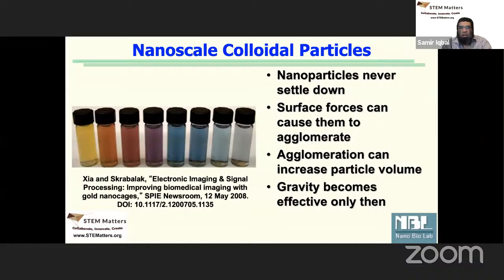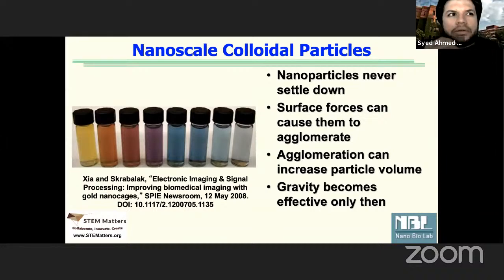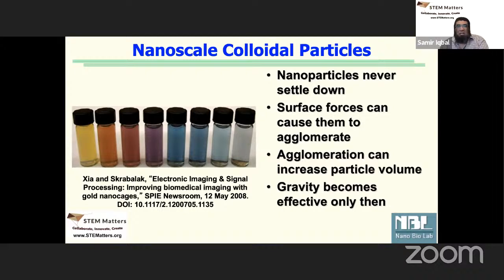Yeah, go ahead. Sir, my question is, can natural effects like temperature have any effect on these nanoscale devices, sir? We are getting there. Yeah, we'll see that. Good question.